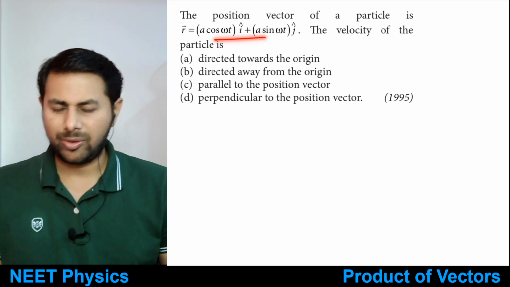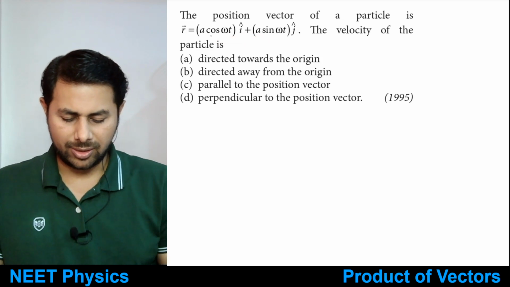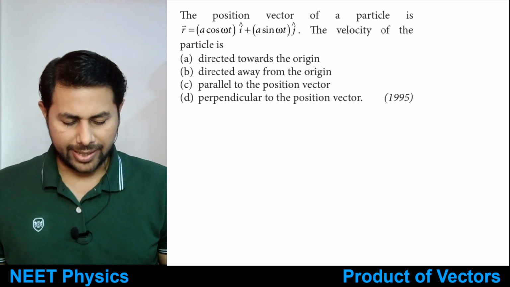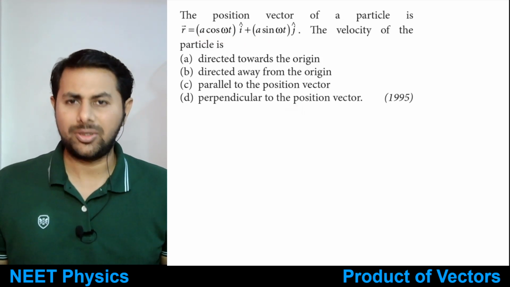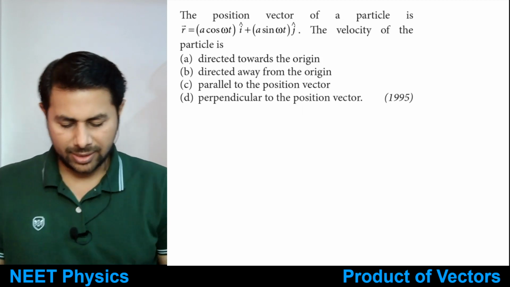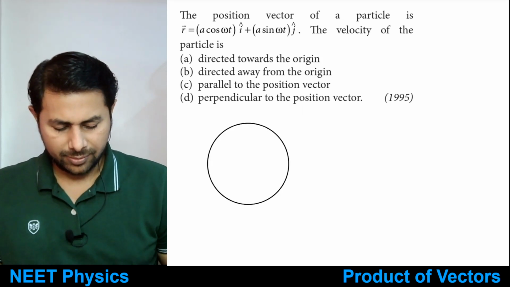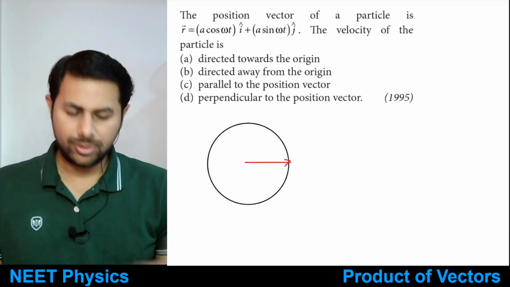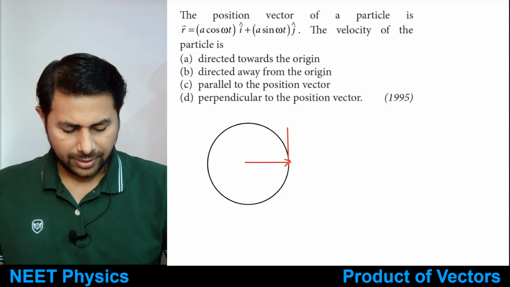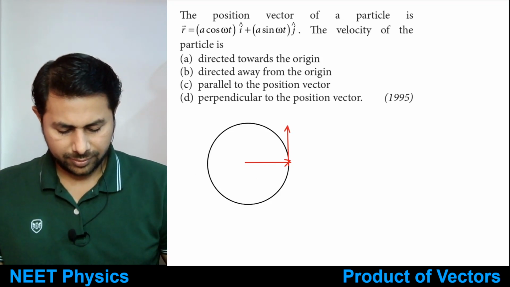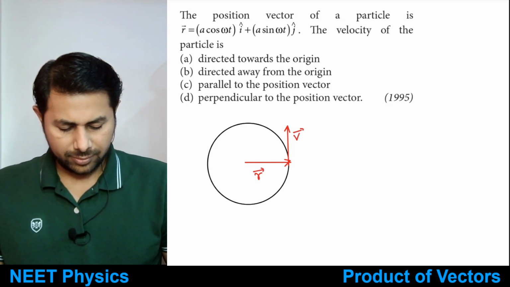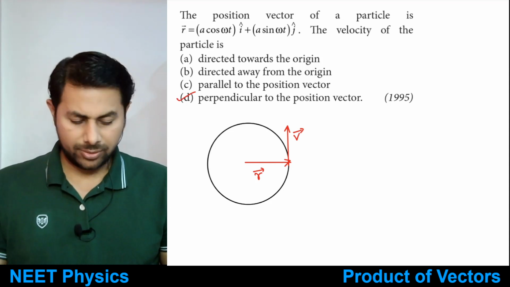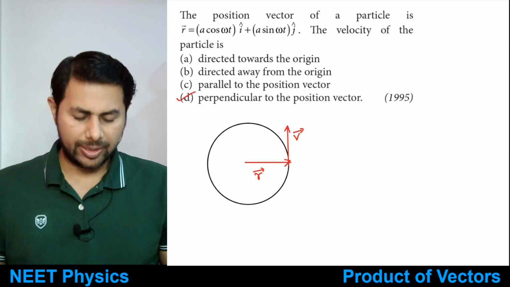So if it is performing uniform circular motion, then the position vector and the velocity are always perpendicular to each other, because the position vector is directed along the radius, right? This is r bar and this is v bar. So the answer is they are perpendicular to each other. So velocity is perpendicular to position vector.